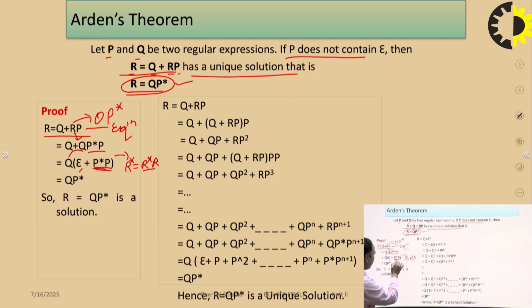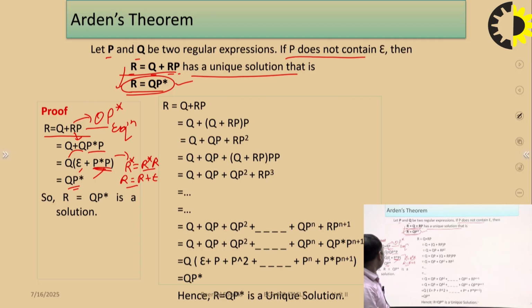So here we put this value, and suppose R = R + epsilon, then it can be written simply as R. So here we get QP*. So here is the solution for that. This is the proof. So R = QP* is a unique solution.